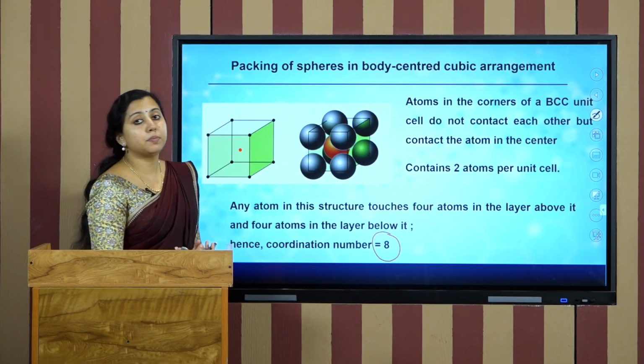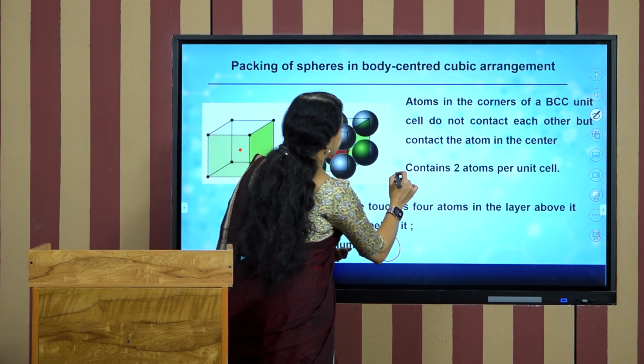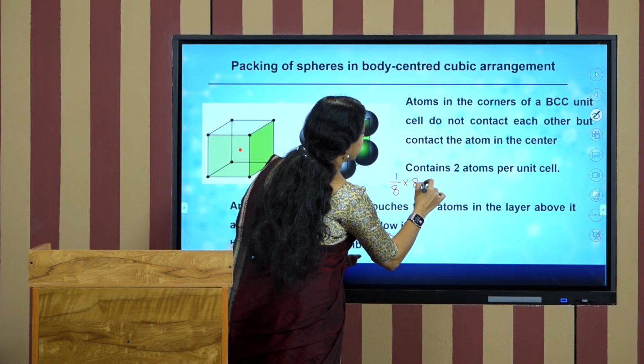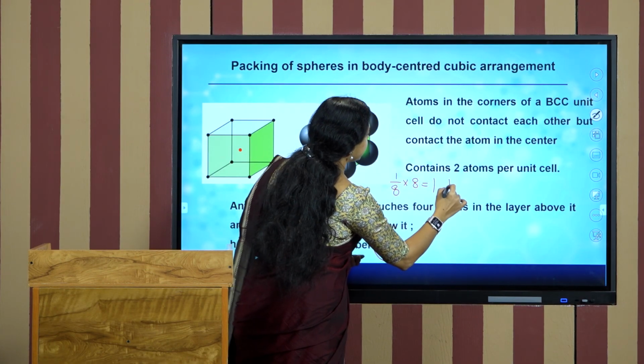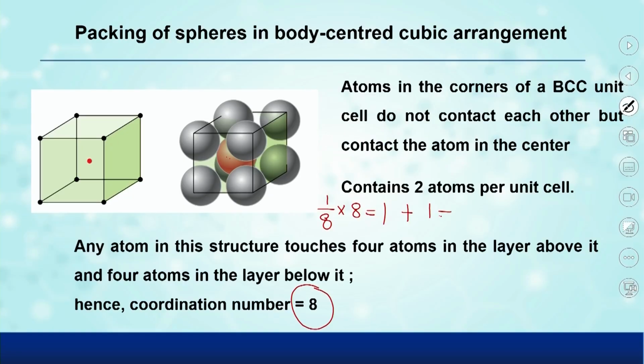And the number of atoms per unit cell we have discussed in the earlier classes. Atoms at the corners contribute 1/8 times 8, equal to 1, plus 1 atom at the center of the body. So, that will contribute to 2 atoms per unit cell.